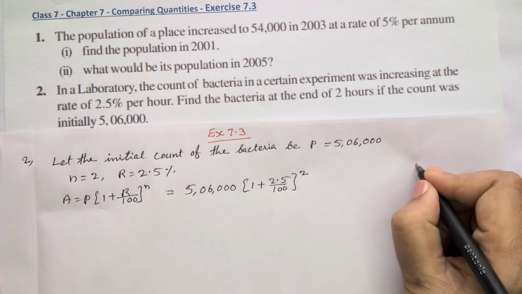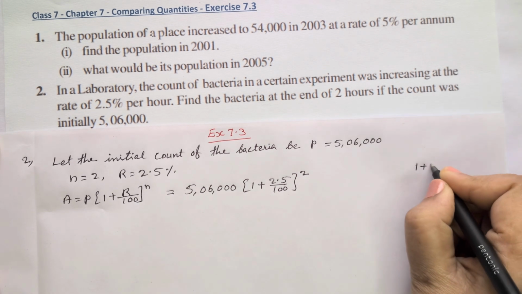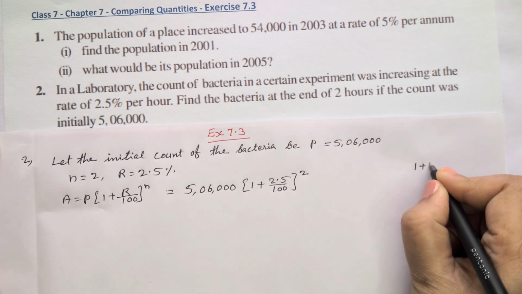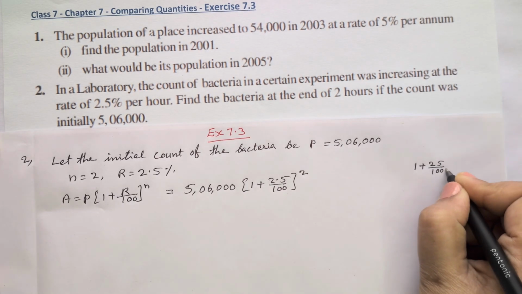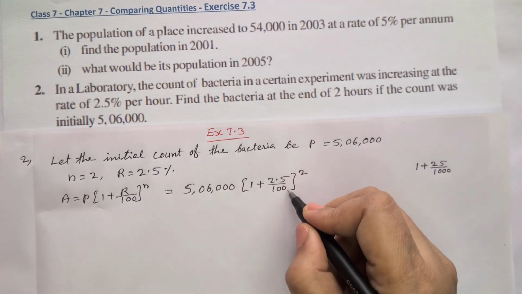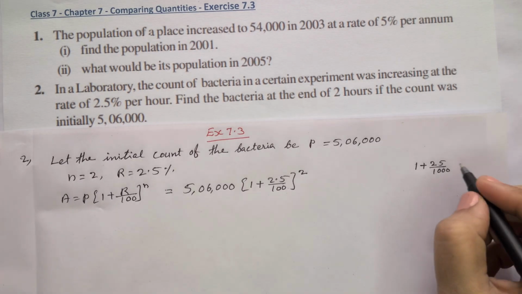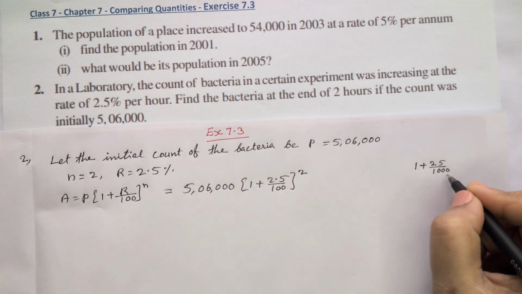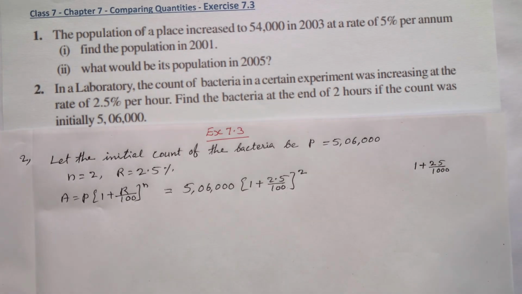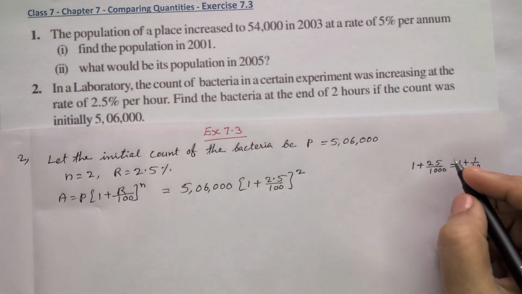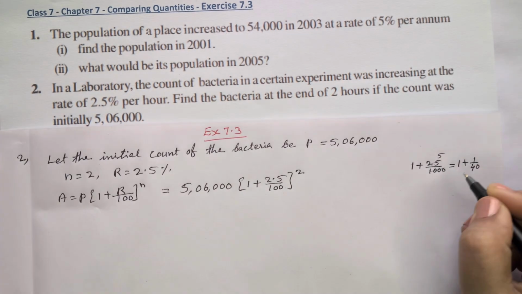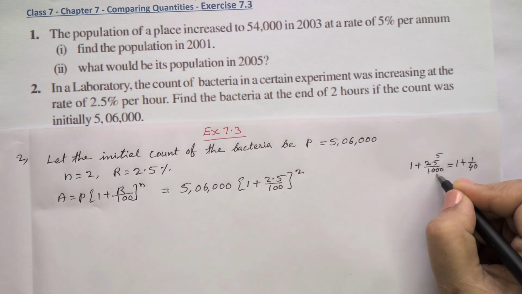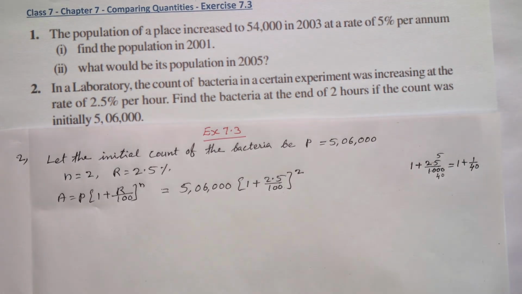So we can simplify this separately. 1 plus 2.5 by 100, we can write as 25 by 1000. Multiply with 10 up and down to remove the decimal point. Then take 1000 as the LCM and simplify. This we can simplify, divide by 5 here itself. So 5 times, and here in 100 4 times, so 40 it will come.